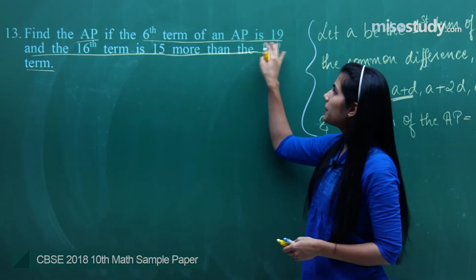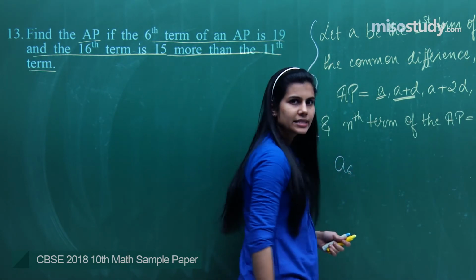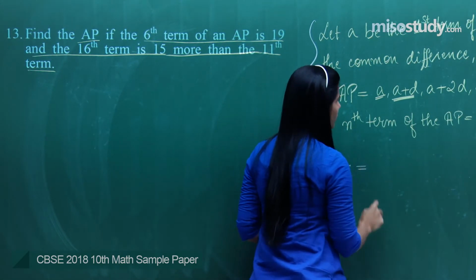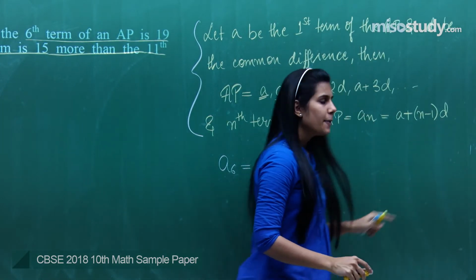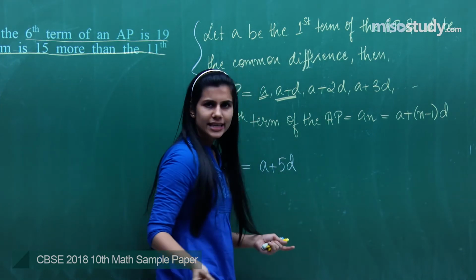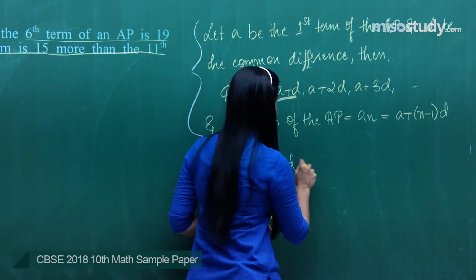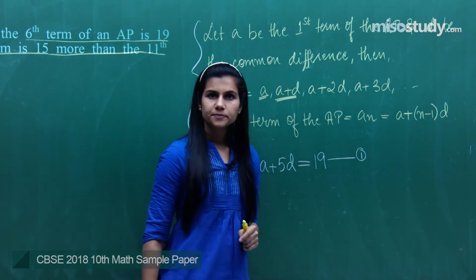Sixth term of an AP is 19. So sixth term means A6, which by the formula is A plus 6 minus 1 into D, that means A plus 5D. I don't know what A and D are, okay? So A plus 5D is given to be 19.